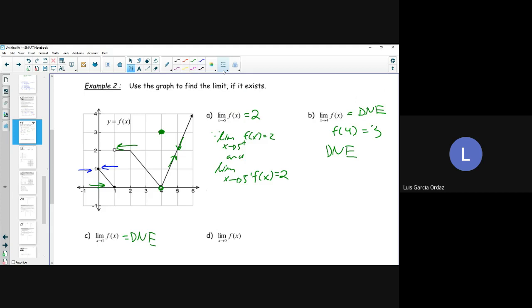No. So what is my limit as x approaches 0 then? Does it exist or not exist? No, it does not. It doesn't exist because there's no other side of the function that continues on the left side of 1. Okay? So that means it does not exist because there is no section that is to the left of 1.